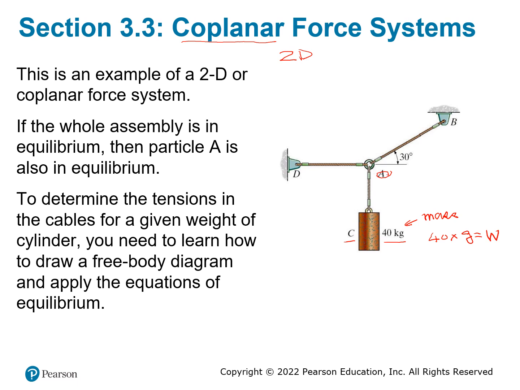With A, you have three cables. One cable going down, one goes to the left, and the other one goes to B, which is the up right corner. We want to determine the tensions in the cables, and how do we do the free body diagram, and how can we apply the equations of equilibrium to solve it.